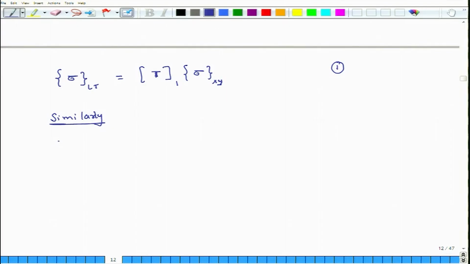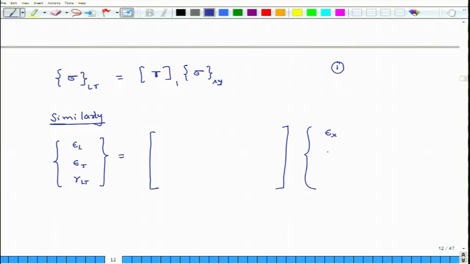So, if I have strains epsilon L, epsilon T and gamma LT, then these strains can be expressed in terms of a transformation matrix times epsilon x, epsilon y and gamma xy. Okay. And what are the elements of this transformation matrix?